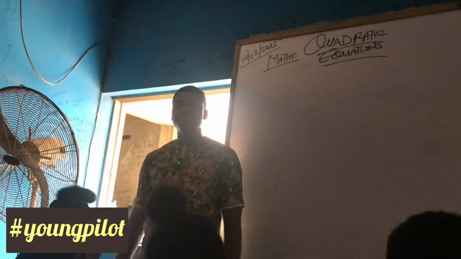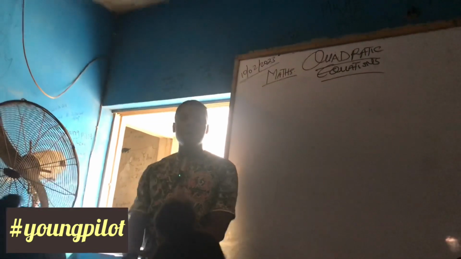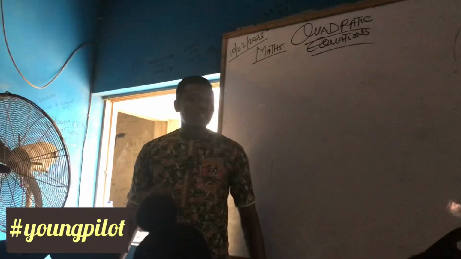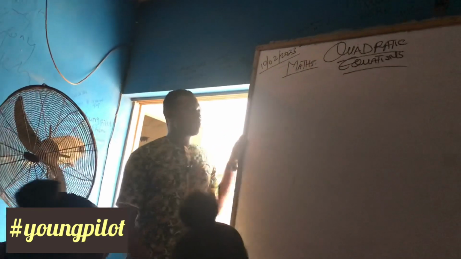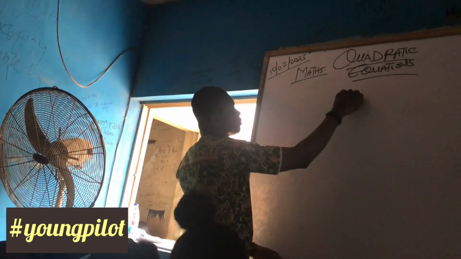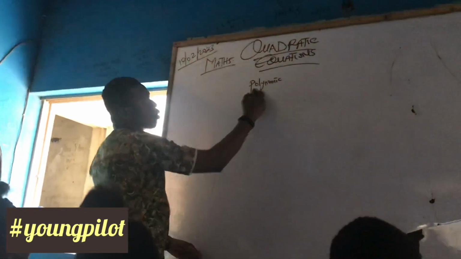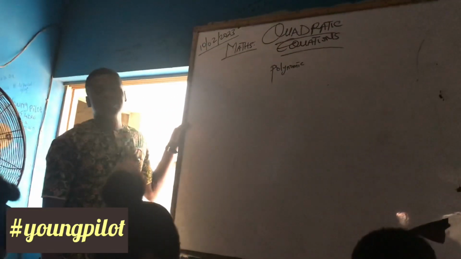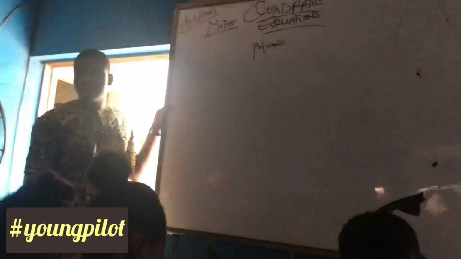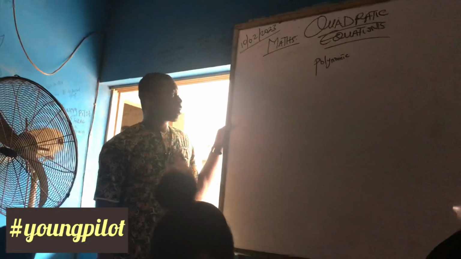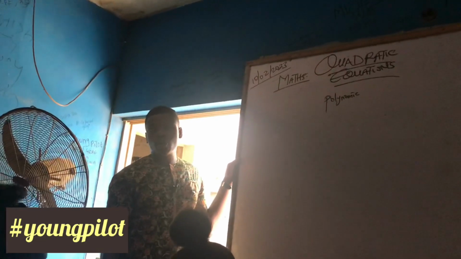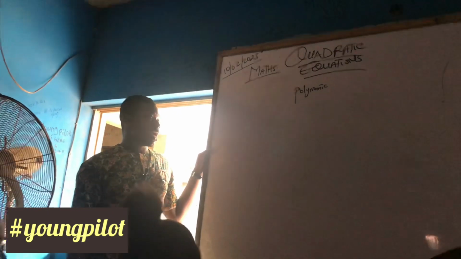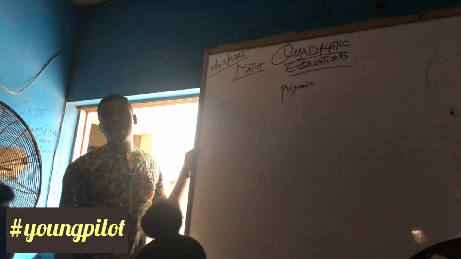A quadratic equation is a form of polynomial equation with the highest degree of 2, excluding negative powers.